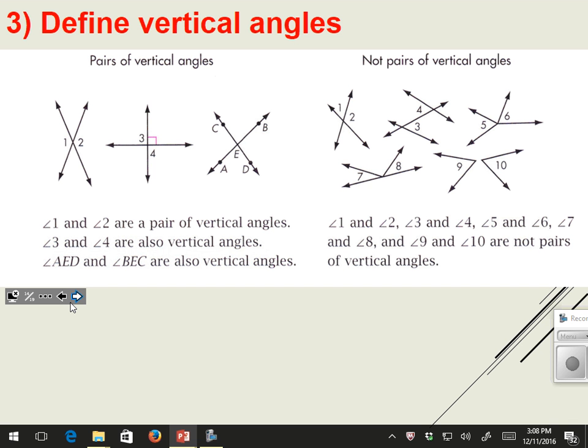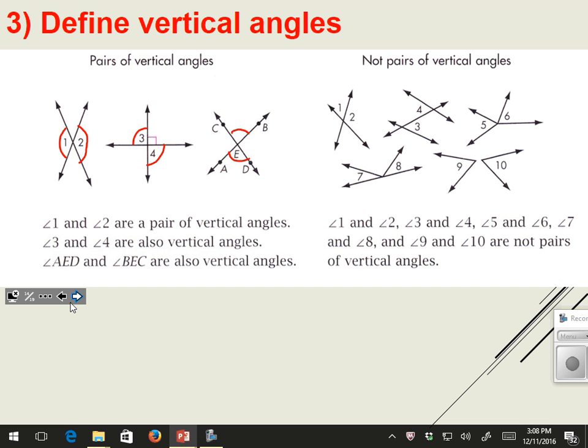So let's look at the image on my left-hand side. 1 and 2 are vertical angles. 3 and 4 are vertical angles. Angle AED and angle BEC are also vertical angles. On the right-hand side, it illustrates a whole bunch of pairs of angles that are not vertical.